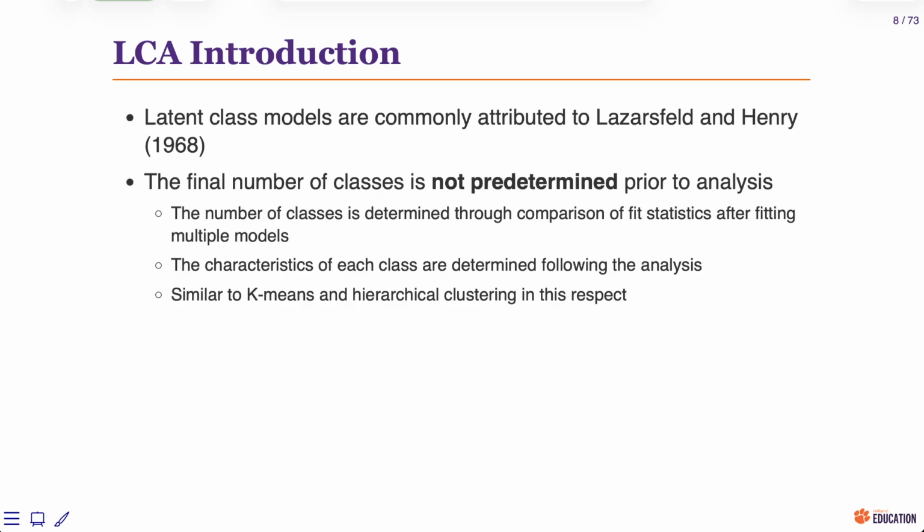In latent class analysis, you seek to find how many classes you have in your data, and then seek to figure out what each of those represents. So this is similar to the other methods, k-means, hierarchical clustering, in terms of first, figure out the number, second, figure out what they mean.